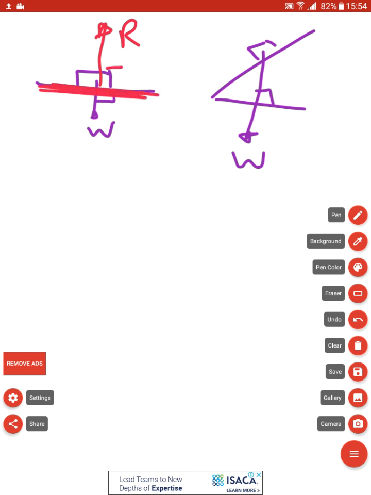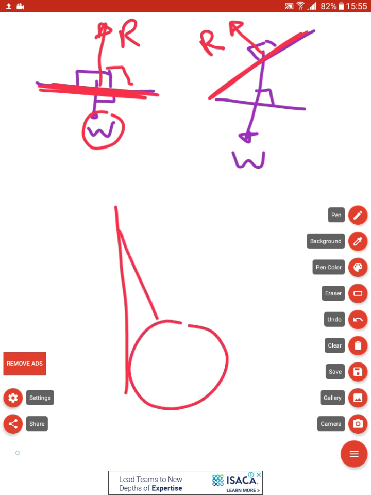It is perpendicular to the surface, not opposite in direction to the weight. Here, this is the normal reaction. If we have a wall and we have a ball and a rope, we have here tension, we have here weight, and we have here the normal reaction.